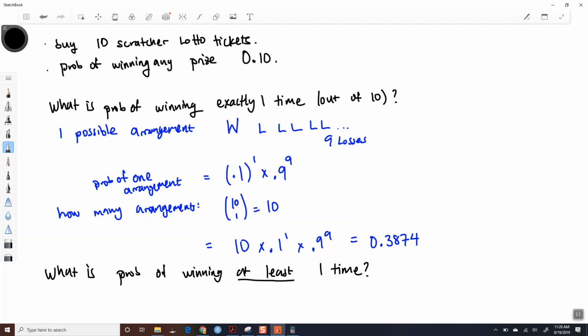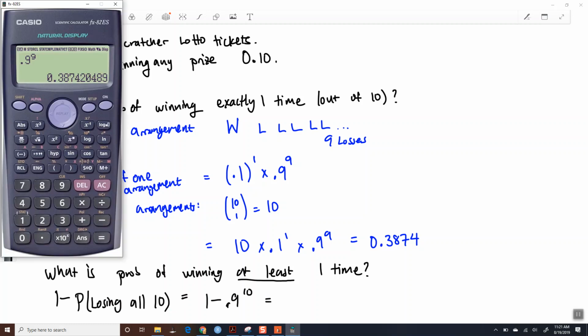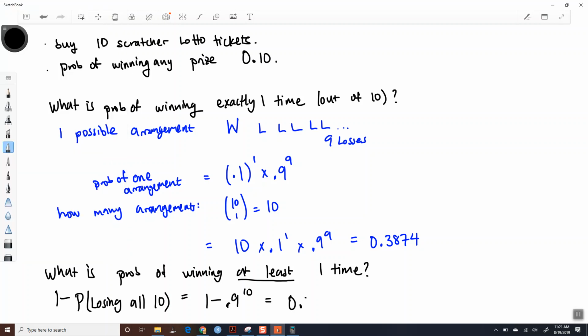So what is that going to be? This is going to be 1 minus the probability of losing all 10, or winning 0. This will be 1 minus 0.9 to the 10. And what's that? 0.9 to the 10th power is that, and I will do 1 minus that number. I get 0.6513.